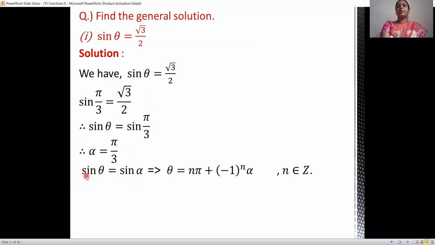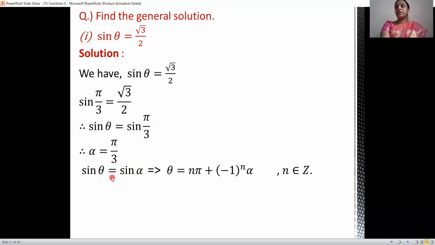Go to remark 2. There will be the formula sine theta is equal to sine alpha. Means our function sine theta is equal to sine pi by 3 is in the form sine theta is equal to sine alpha, where alpha is pi by 3.